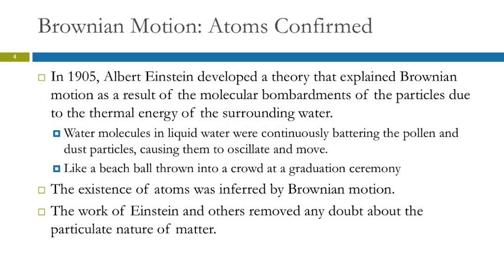The water molecules, which are too small to see in the microscope, are banging into these particles, and that's causing them to jiggle around. It's a bit like a beach ball thrown into a crowd. The beach ball comes on, people hit at it, and it just jumps around because people are hitting it. These particles were wiggling around because the molecules of water were hitting them.